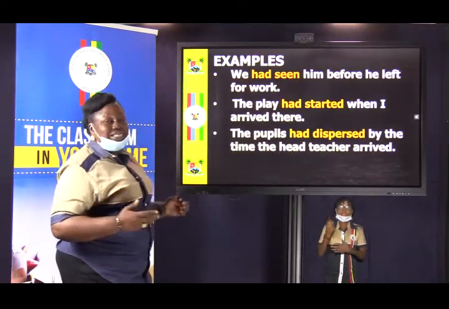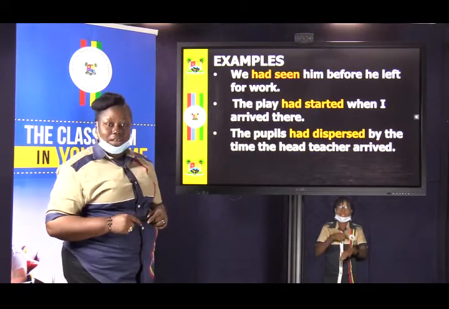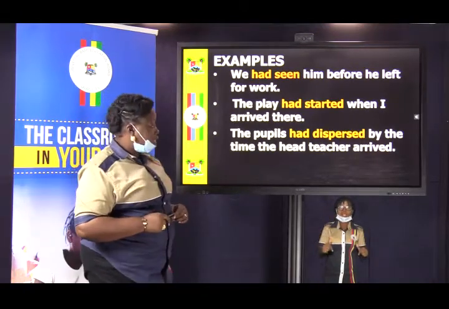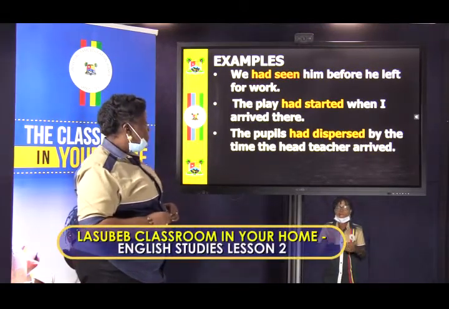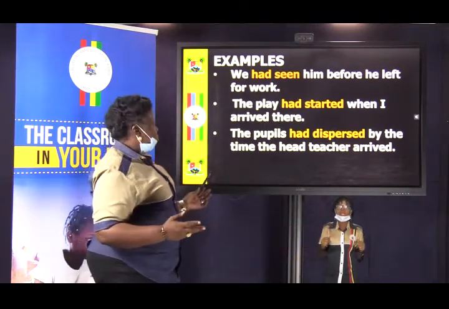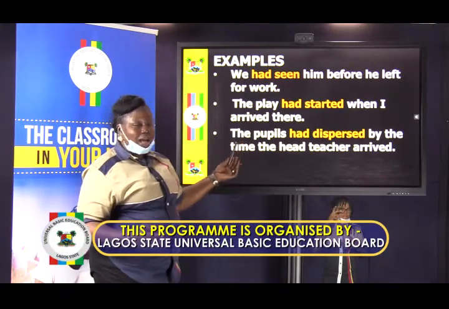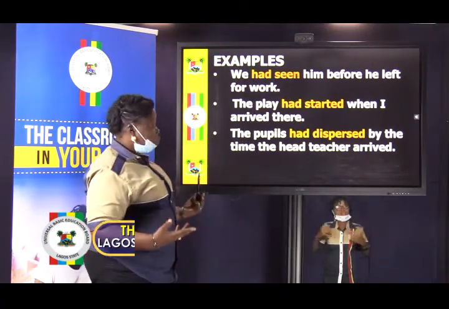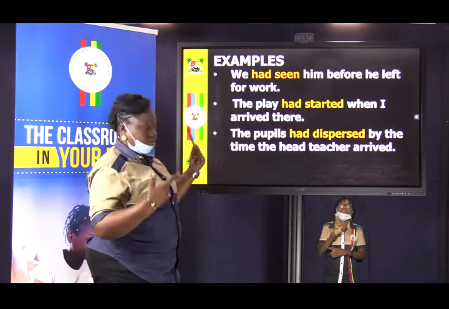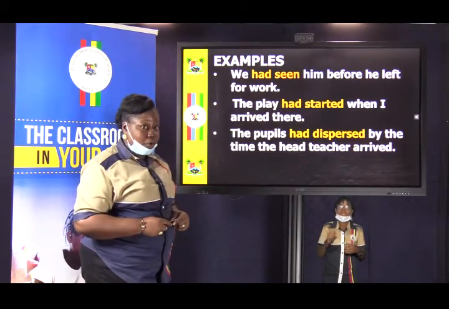The pupils had dispersed by the time the head teacher arrived. Let's note that: had seen, had started, had dispersed. The structure is had plus the past participle form of the verb.